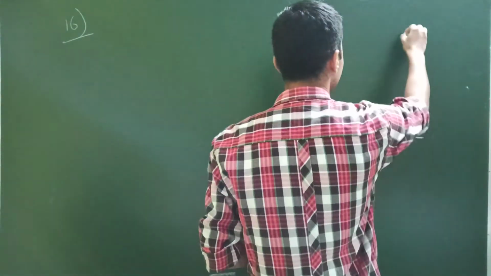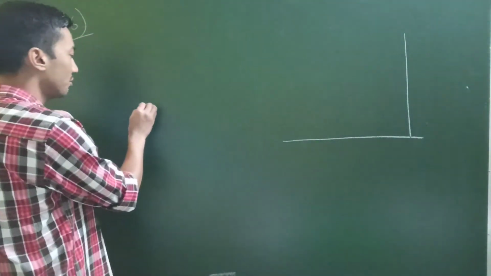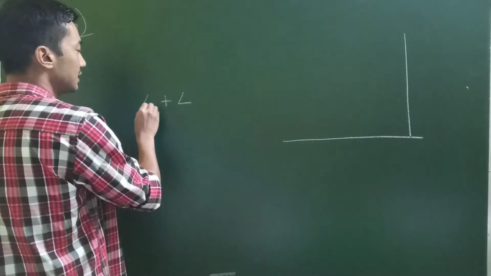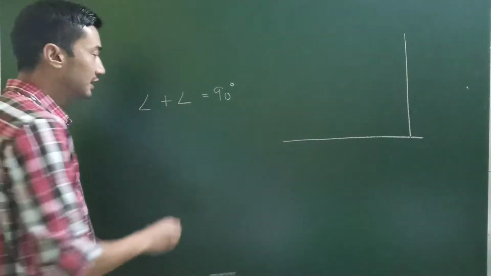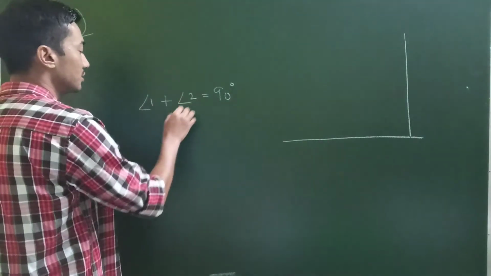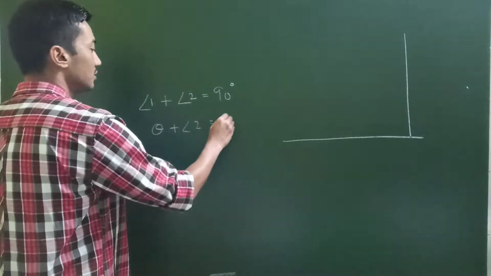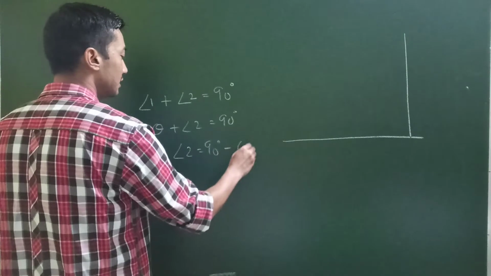What concept are we going to use here? Complementary means what? When are two angles said to be complementary? Two angles are said to be complementary when the sum of the two angles will be 90 degrees. Let's say angle 1 and angle 2. If angle 1 is theta, then the other angle will be 90 degrees minus theta.